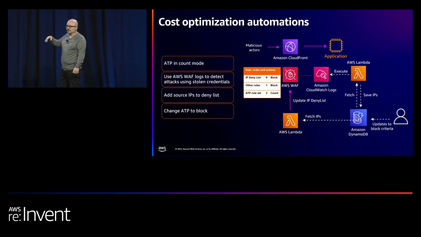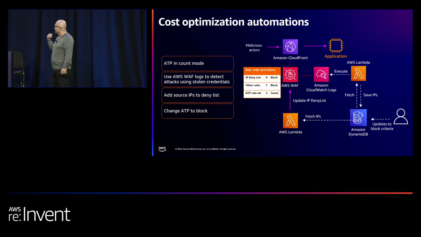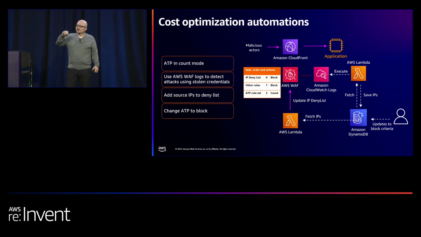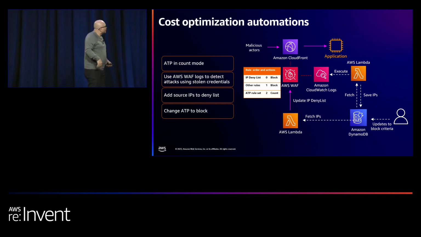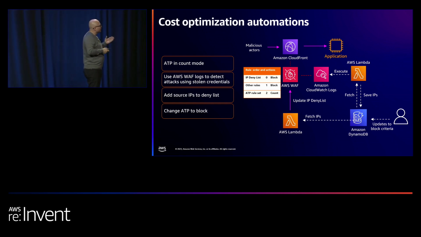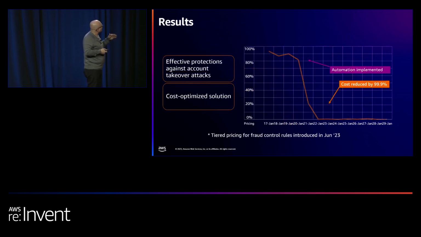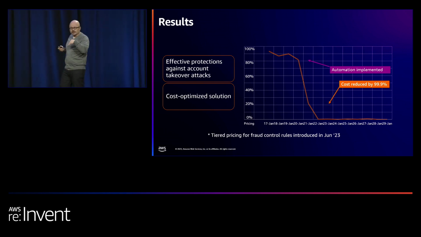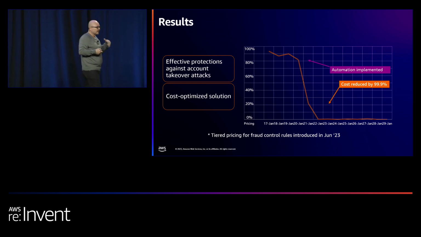So it wouldn't block the IP forever. It would die off over time. As a result, they were able to achieve similar levels of protection, but their cost was, they saved about 99%, because they were willing to live without latency.